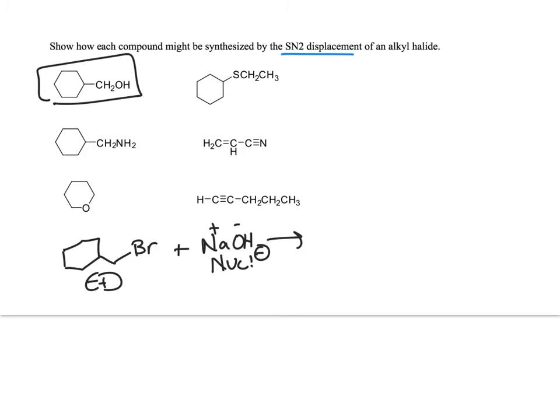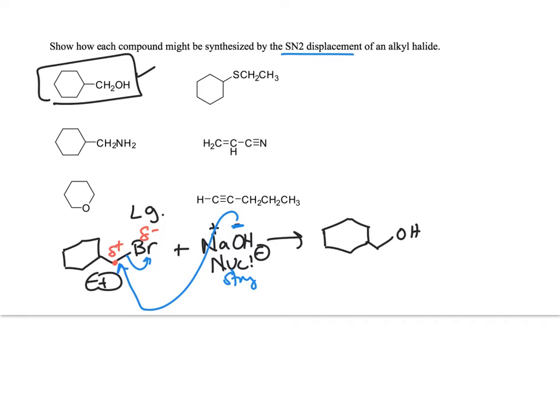This is your electrophile, because that carbon is delta positive, and the bromine is delta negative. Your sodium is positive, so the oxygen is negative, which is a great, strong nucleophile, and your bromine is your leaving group. So this does an SN2 attack to give you the desired compound.